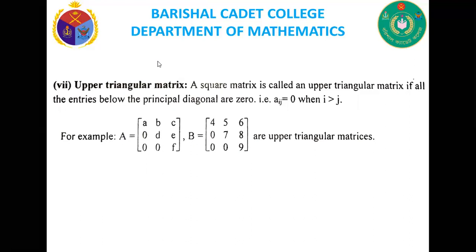Observe, if you draw a triangle on the upper side, then all the elements have some value, but the elements lying below this principal diagonal are 0. If this happens, in this case, we can say that these are the upper triangular matrix.